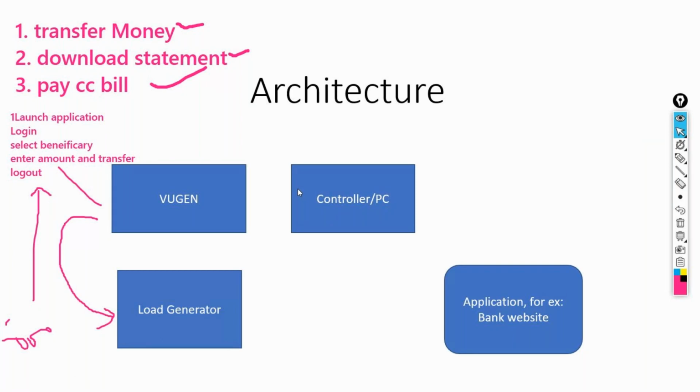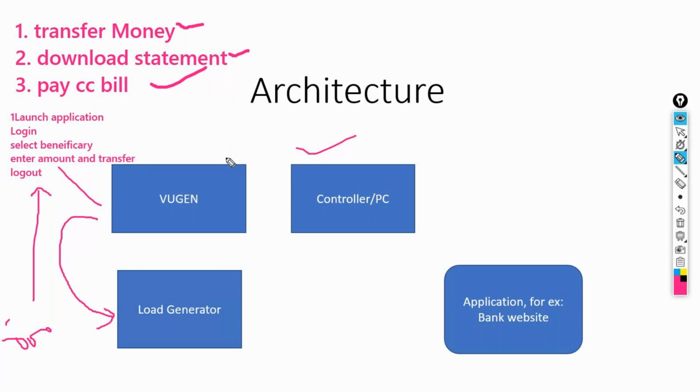Either controller or performance center is primarily responsible for creating a scenario. Like I said a few minutes ago, someone asked, sir, what is load test? So we can create different types of performance test scenarios here and trigger the execution, only triggering the execution.